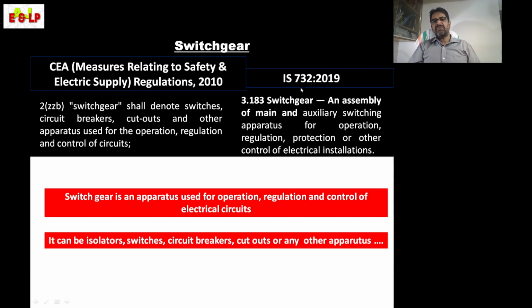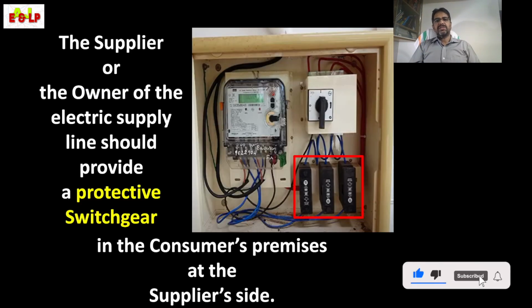The same meaning is there in the IS 732 switchgear definition also: an assembly of main and auxiliary switching apparatus for operation, regulation, protection, or other control of electrical installations. The definitions are somewhat the same. Switchgear is an apparatus used for operation, regulation, and control of electrical circuits. It can be isolators, switches, circuit breakers, cutouts, or any other apparatus. I must say, even the bus in a switchboard is also switchgear. I have seen such a definition, that is why I am telling. That is what switchgear is.